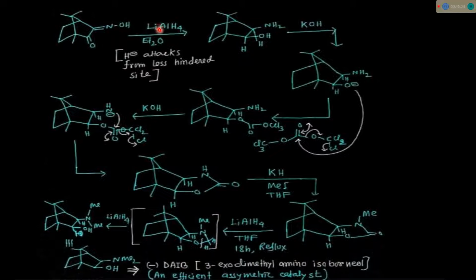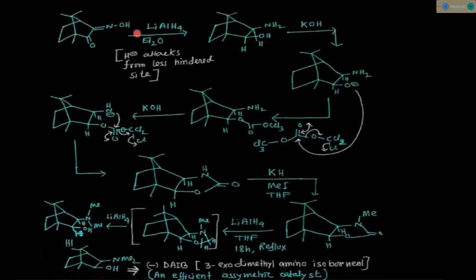In this case lithium aluminum hydride does three works. One is reduction of this carbonyl to alcohol. H minus attacks from the less hindered side. The top side of this molecule is hindered, so H minus attacks from the below side. First H minus attacks from the below side and it becomes OH. That is the one reaction lithium aluminum hydride performs.